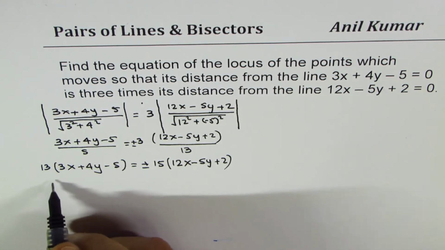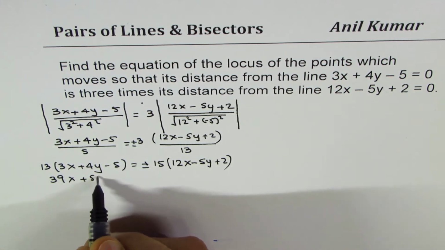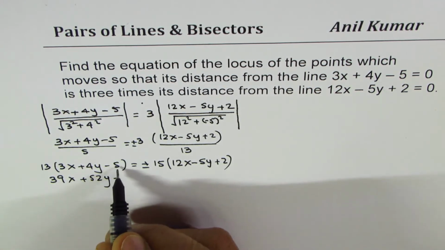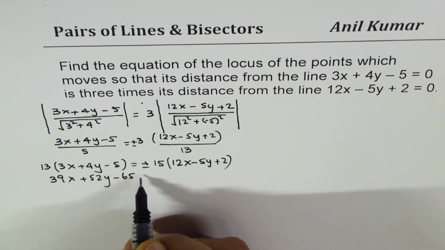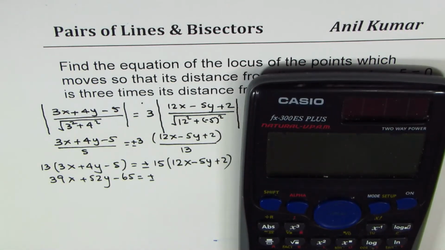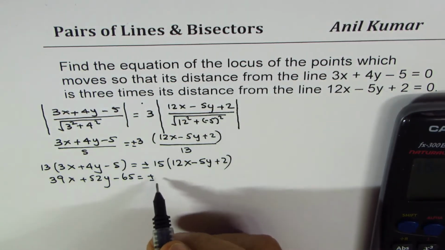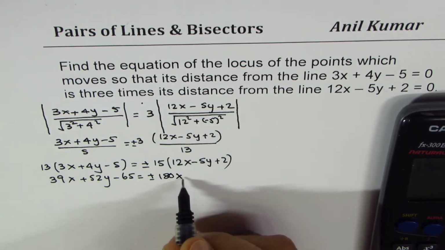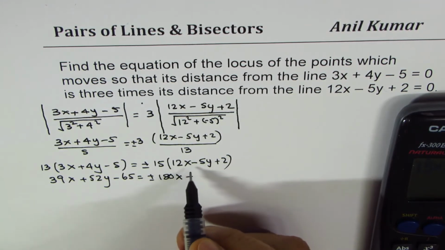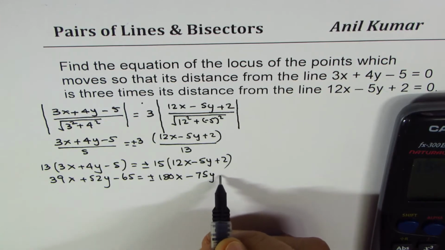So 13 times 3 is 39x, 13 times 4 is 52y, and then we have minus 65 equals plus or minus 12 times 15, which is 180x, and 15 times 5 is 75y, and 15 times 2 is 30. Okay, so let's keep this handy.